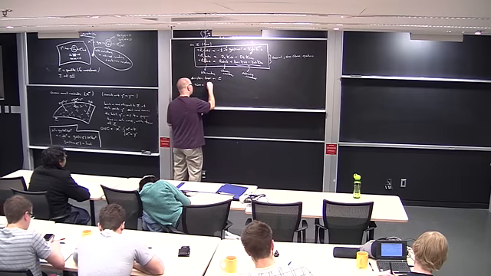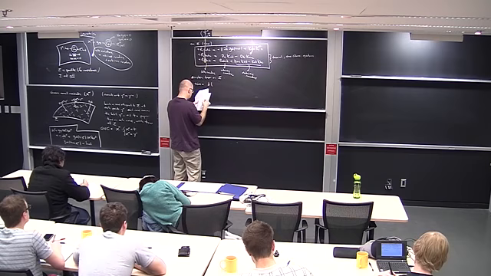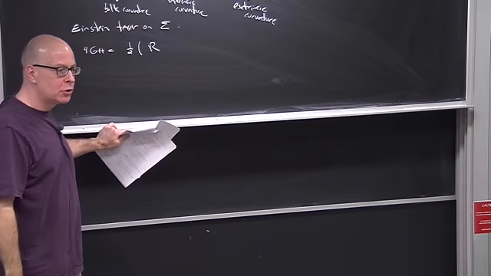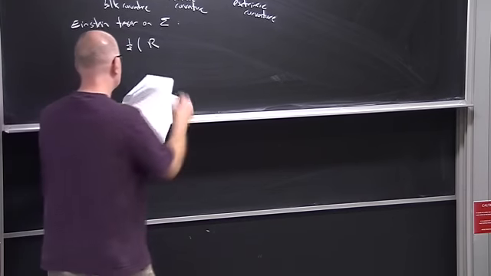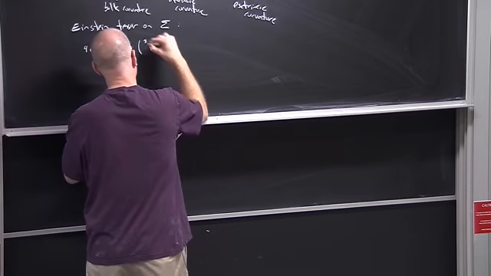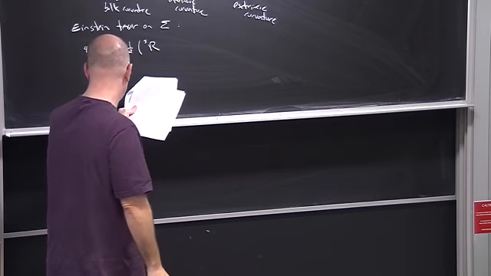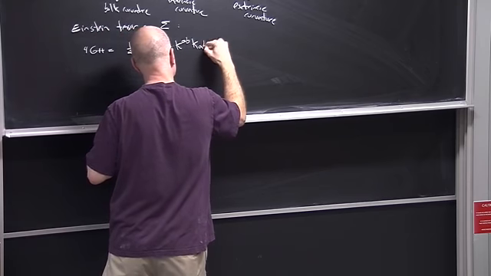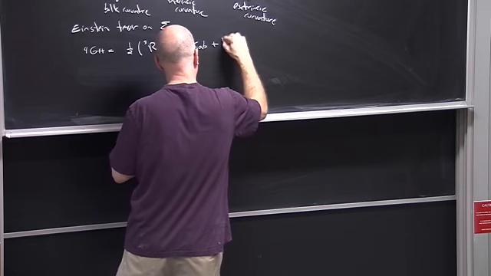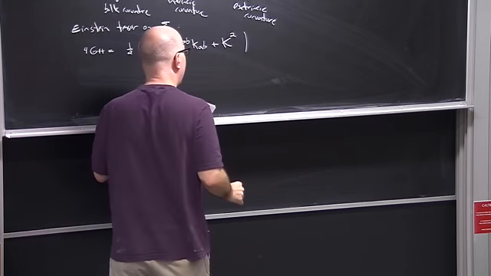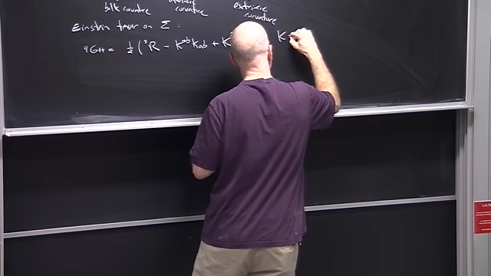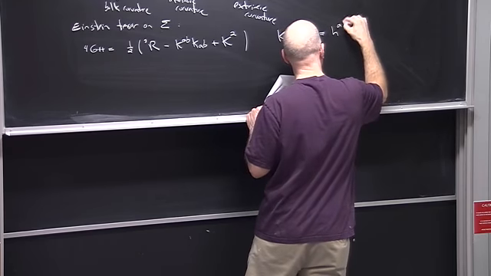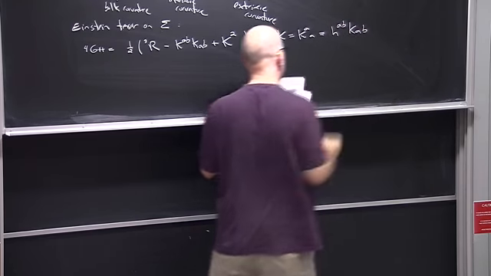So the TT component of the Einstein tensor is equal to the three-dimensional Ricci scalar on the hypersurface. That's what R stands for. And maybe just to make it very clear, I'll put a 3 here just so that there's no confusion. Minus two terms that are quadratic in K. And K stands for the trace of the extrinsic curvature, which stands for just the contraction of the metric with the extrinsic curvature.